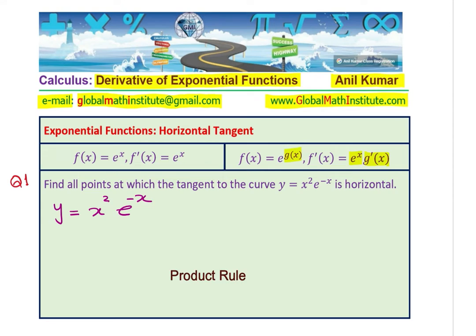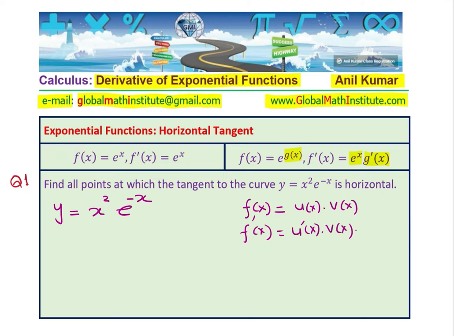If you have a function f of x which is equal to the product of two functions u of x times v of x, what is the derivative of this particular function? Well, the derivative is the derivative of the first function times the second plus the first function times the derivative of the second function. So we'll apply the same rule here.